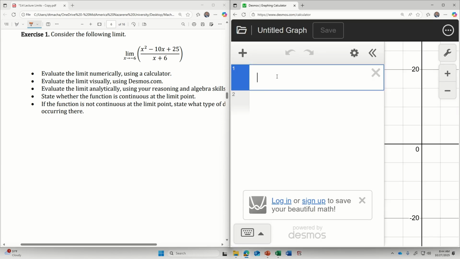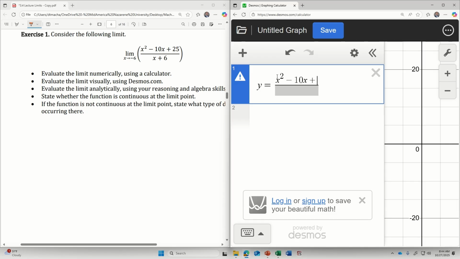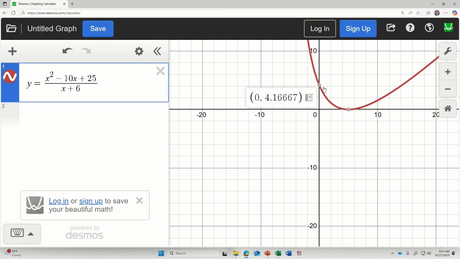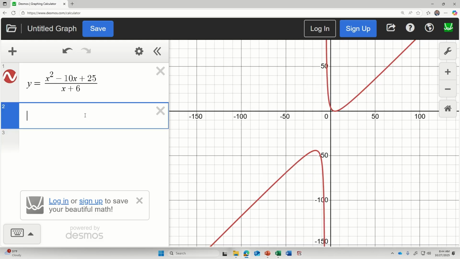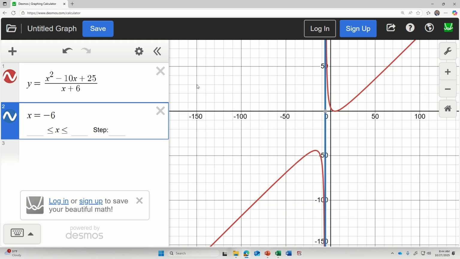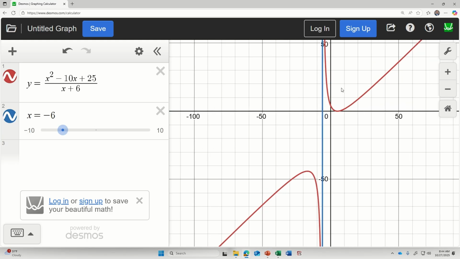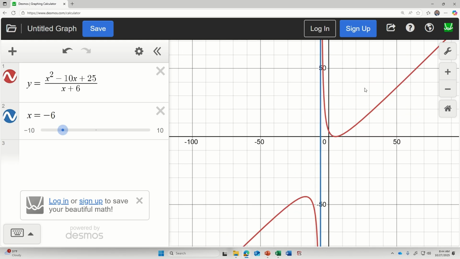What I would like you to do is open up Desmos and take a look at x squared minus 10x plus 25 over x plus 6, and ask yourself, okay, at the point where x equals -6, that's the blue line, what's happening? As I get closer on the left side, it's going down to -infinity.